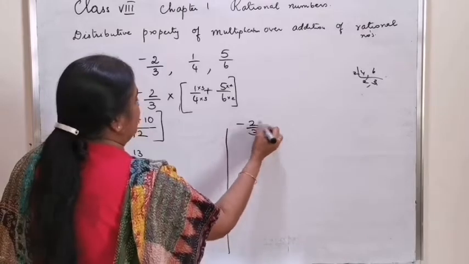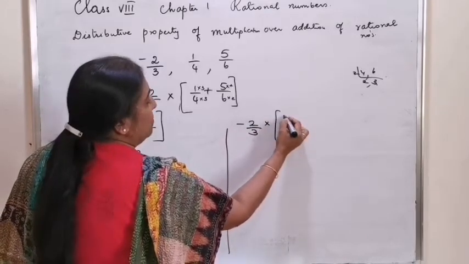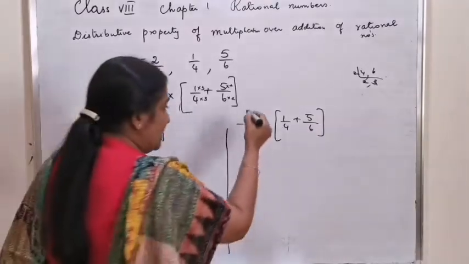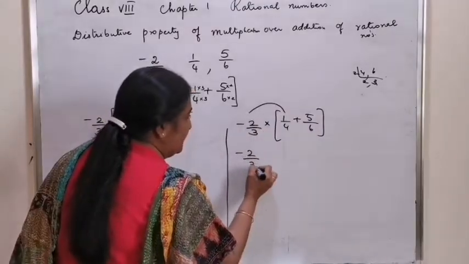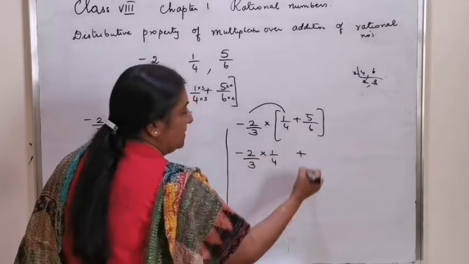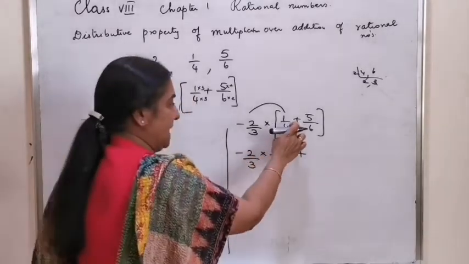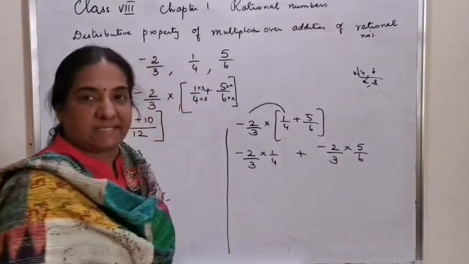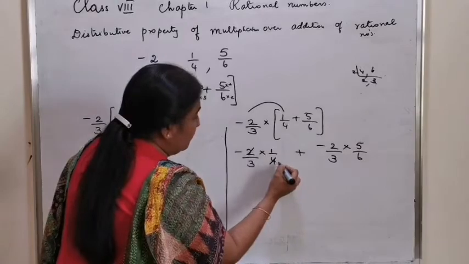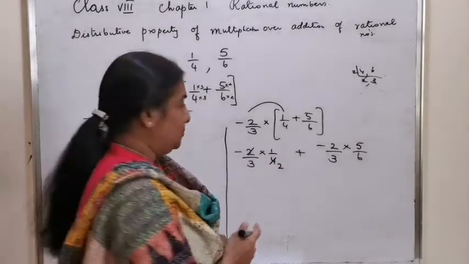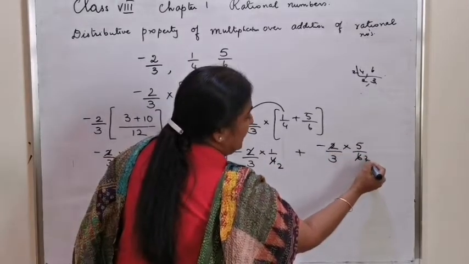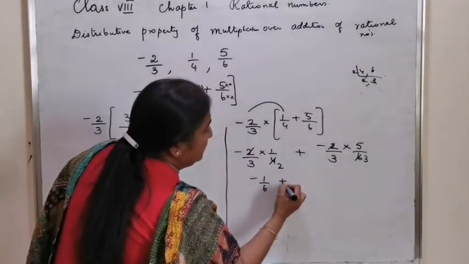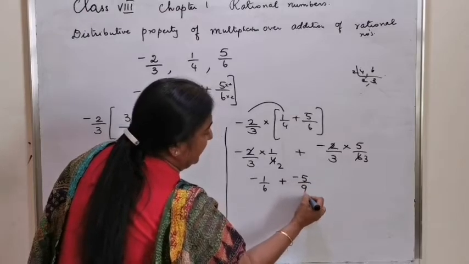Minus 2 by 3 into 1 by 4 plus 5 by 6 can be distributed as minus 2 by 3 into 1 by 4, plus, the sign here is addition, minus 2 by 3 into 5 by 6. Minus 2 and 4 can be cancelled as 2. 2 and 6 can be cancelled as 3. Or minus 1 by 6 plus minus 5 by 9.